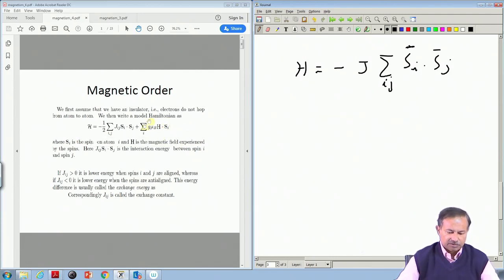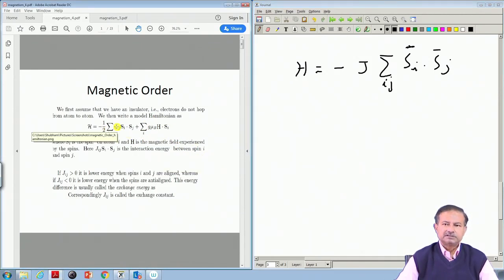As we said before, Jij positive and negative give rise to different kinds of states. Jij positive will give you a ferromagnet, whereas Jij negative will try to misalign the spins, aligning them antiferromagnetically. But if there is a field, of course, the field will try to align them in its own direction.